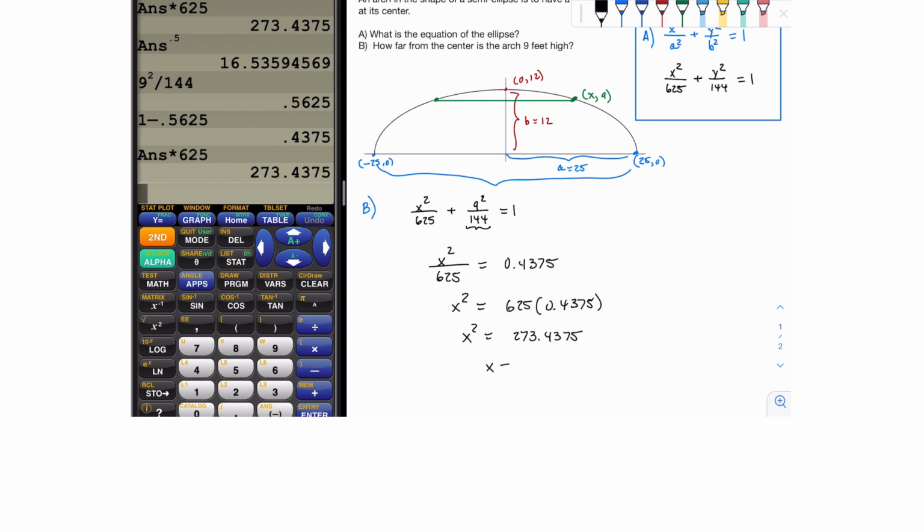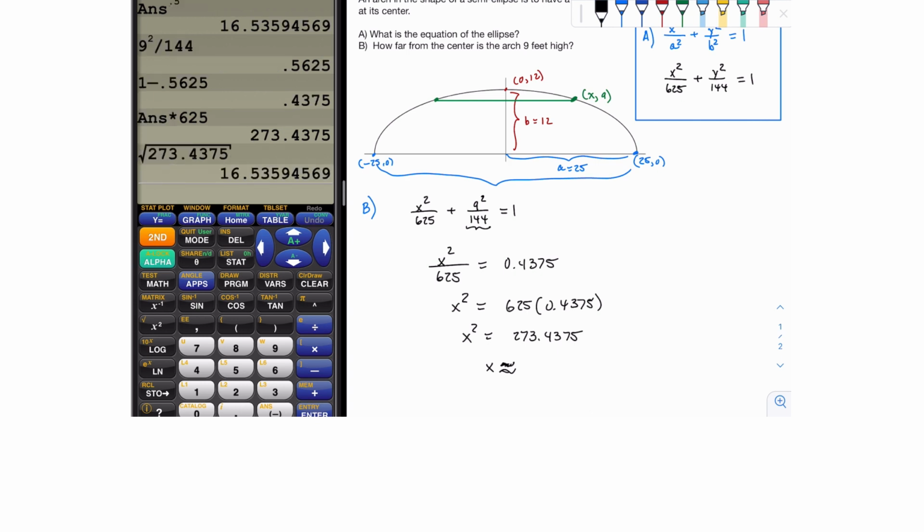And that means x is equal to the square root of that. Now I'm going to approximate this to the nearest tenth, so I'm going to take the square root of that. To the nearest tenth, we're talking about 16.5 feet. So it is about 16.5 feet from the center where the arch is 9 feet high.